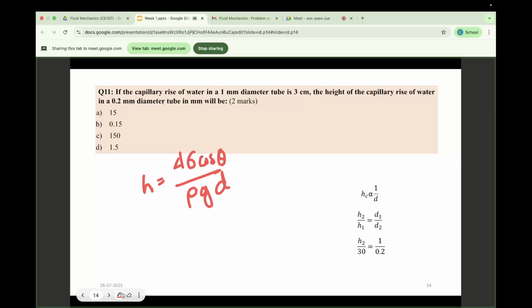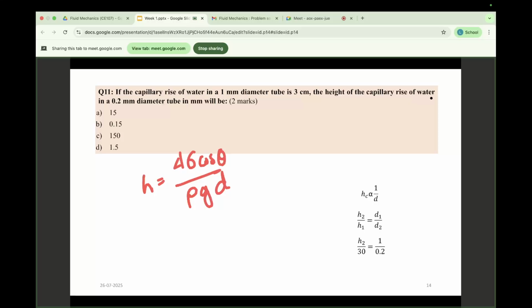See, in this question, what is given? The capillary rise of water in a 1 mm diameter tube is 3 mm. See, it's water.